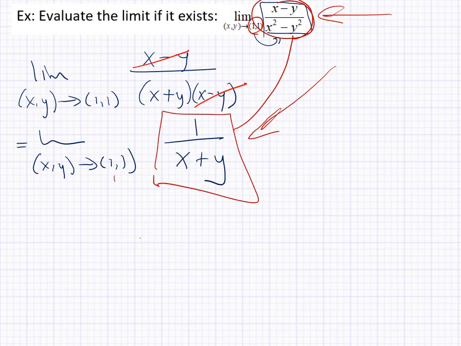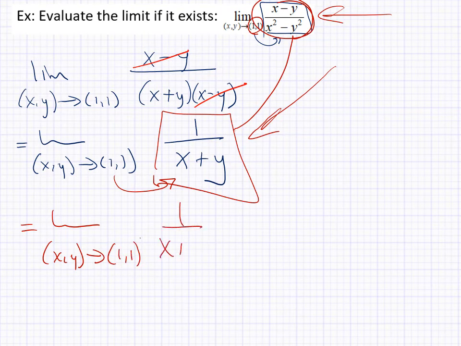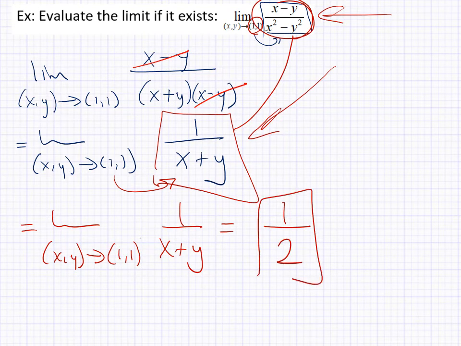So now I can plug 1, 1 into this function, no problem. So I have the limit as (x,y) approaches (1, 1) of 1 over (x plus y), and that should give me 1 over 2. Why? Because I plug 1 in for x, 1 in for y, that would give me 2. So the limit is actually equal to a half.